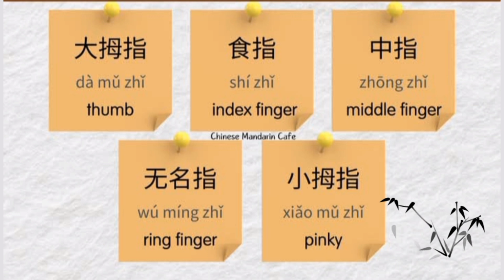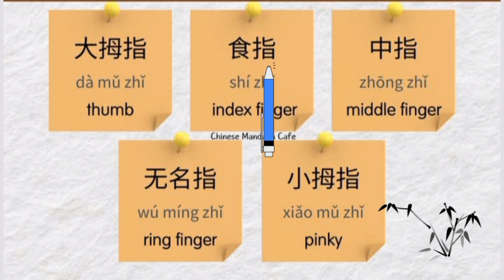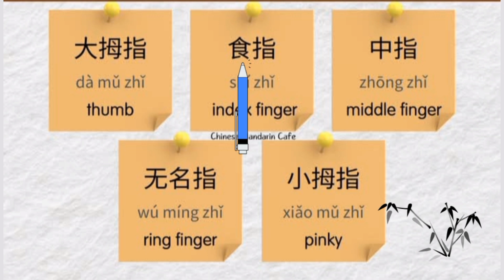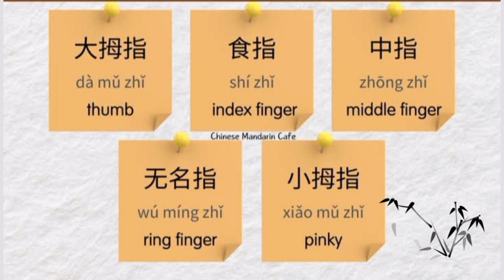Next we have index finger, which in Chinese can be pronounced as 食指. Let's practice it again one more time. 食指. Let's explain it in detail. It has two characters, 食指, with different meaning.